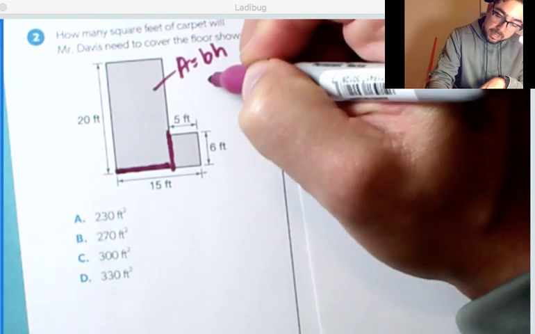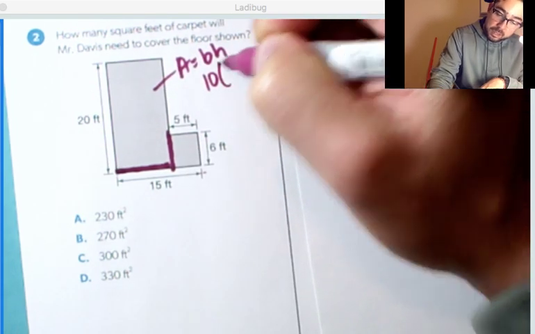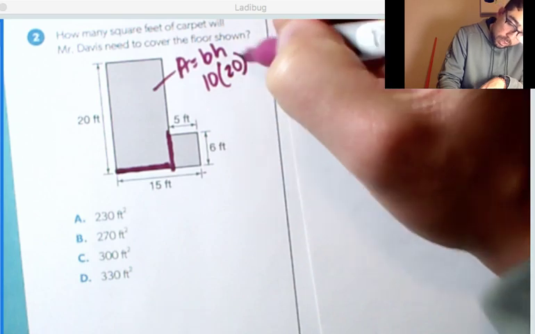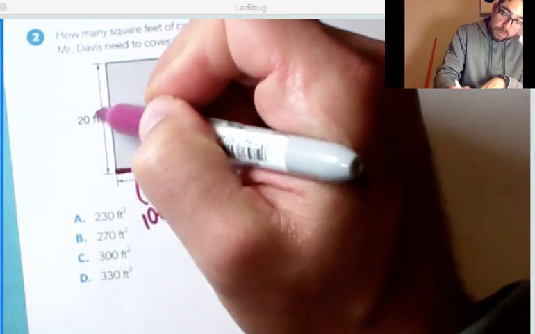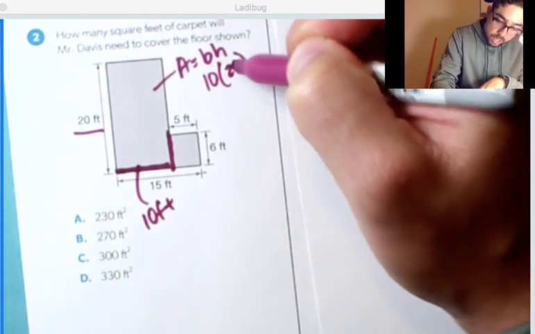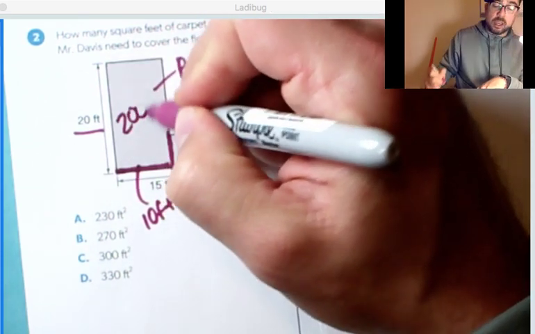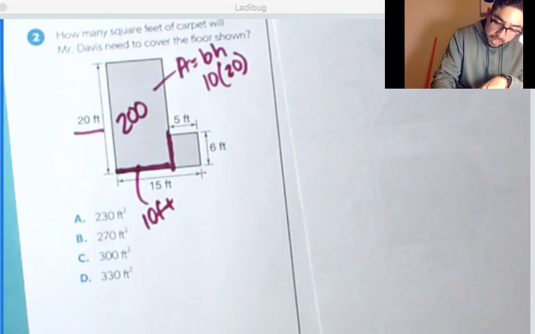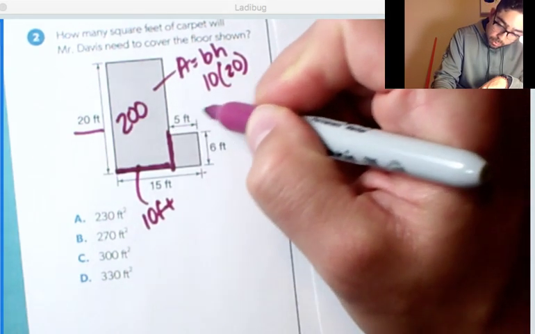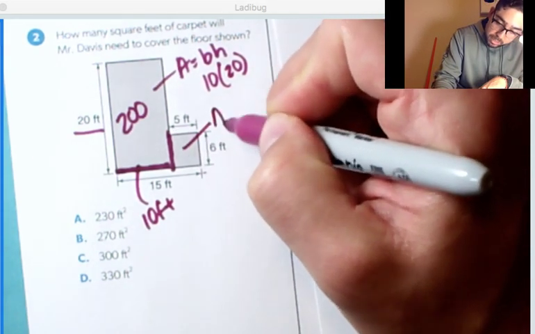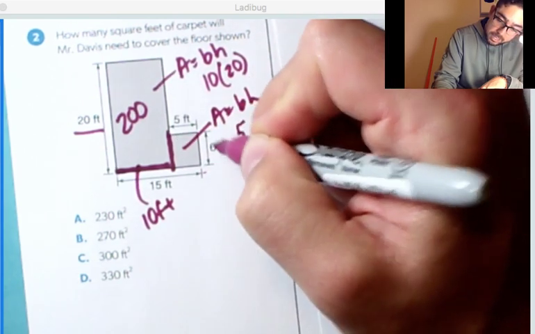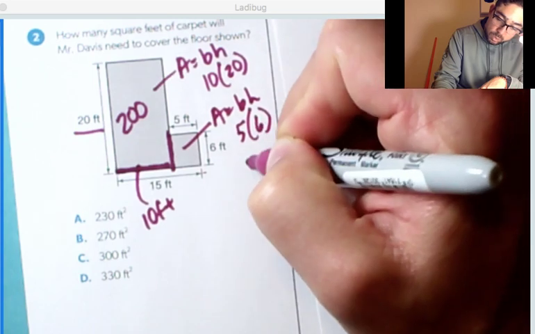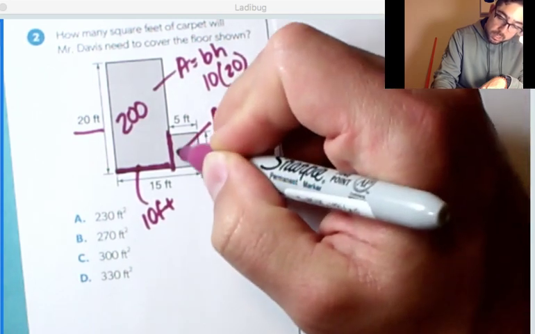It's going to give me my base. So 10 times the height, which is 20. Again, this here is 10 feet. This here is 20 feet. 10 times 20 equals 200. So we know that the area there is 200. Then for here, area equals base times height. The base is 5 feet. The height is 6. 5 times 6 equals 30, right? So 30.